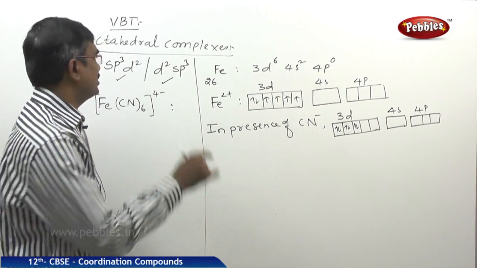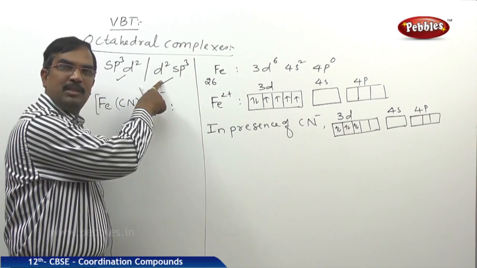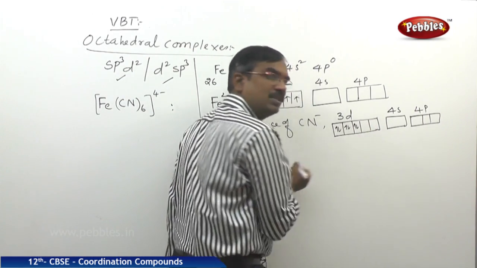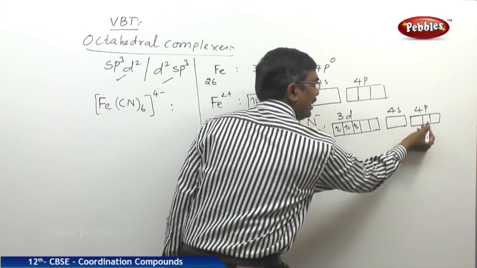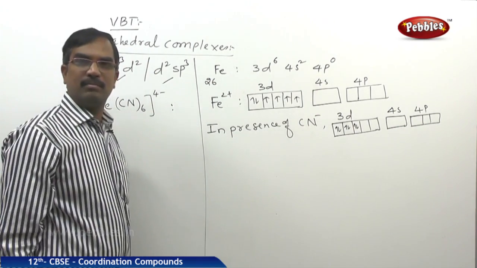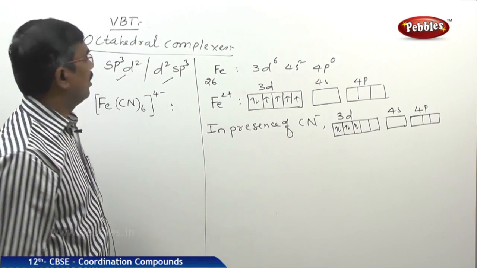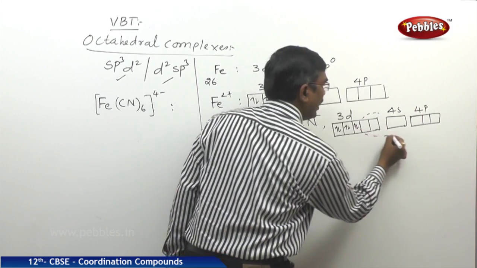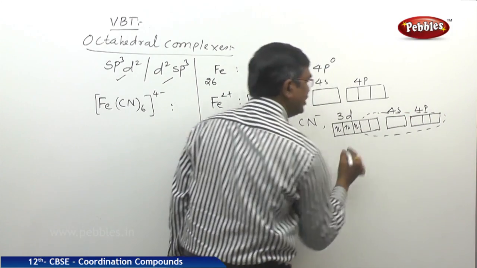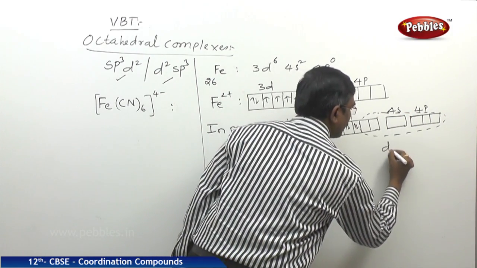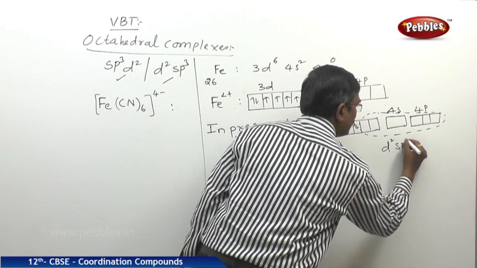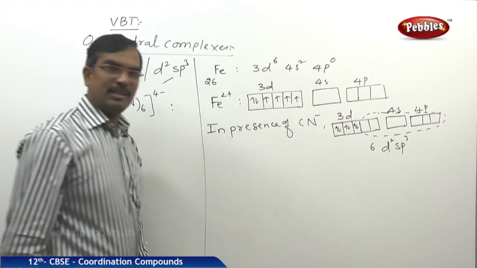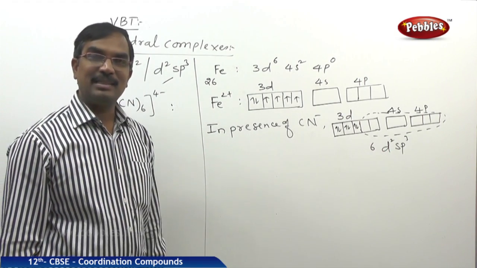Now, in order to facilitate this d2sp3 hybridization, we can see here we have 2 d orbitals and 1 s orbital and the corresponding p orbitals. So now this will undergo the corresponding hybridization as usual, which leads to a total of 6 d2sp3 hybrid orbitals.